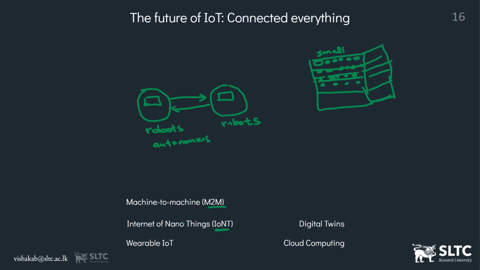So the speciality of Internet of Nano Things is that the sensors are at the nano scale, so they are very small, and we can put them inside the buildings, inside the walls, and monitor the quality of the walls and buildings using such sensors. So that is one of the next future IoT developments.